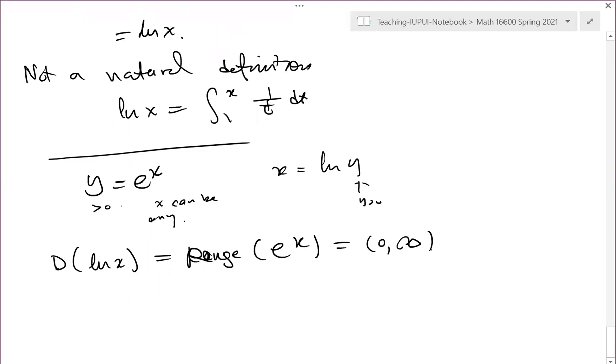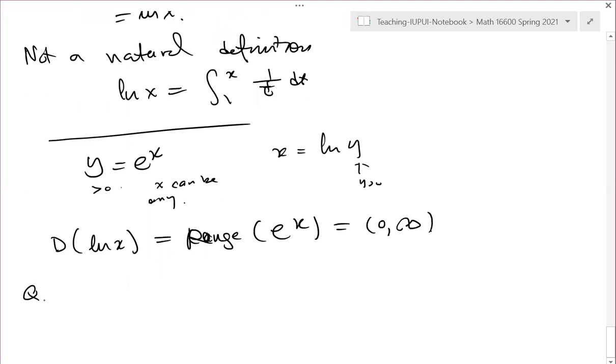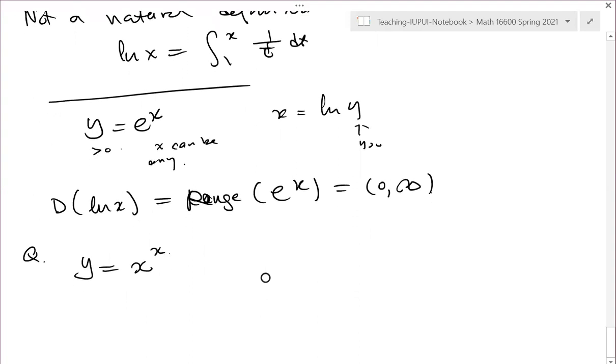Just be careful a little bit. Now let's take a look at a very strange function, x to the x. This is really strange. Now, what do we know? What we know is there are two formulas, right? a to the x is e to the x natural log of a.